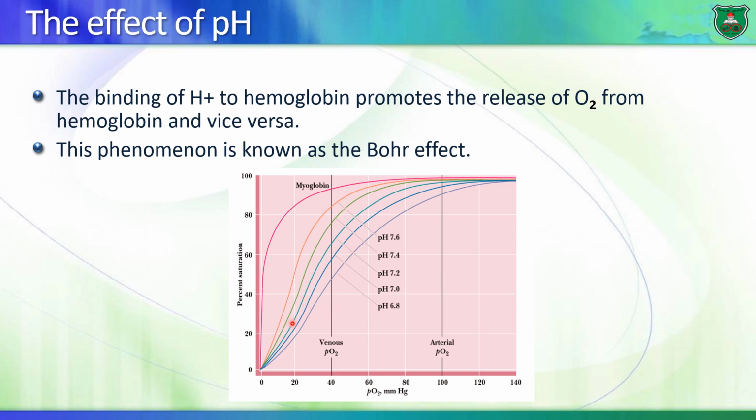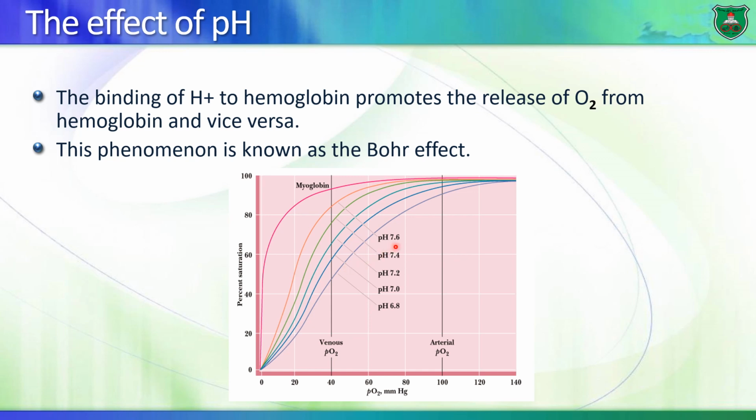So you can see in here, this is at 7.4, that's physiological pH, in green. So if you decrease the pH, the affinity decreases. And this is measured by P50, right? So the idea is that you would need more oxygen to get to 50% saturation of the hemoglobin molecules.